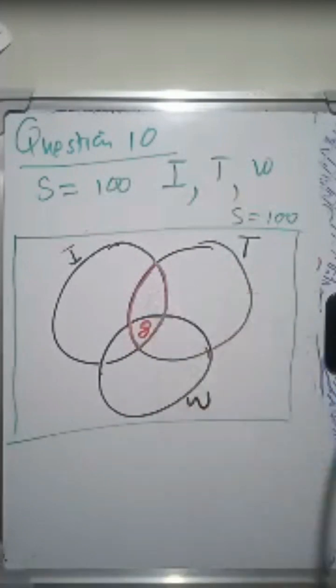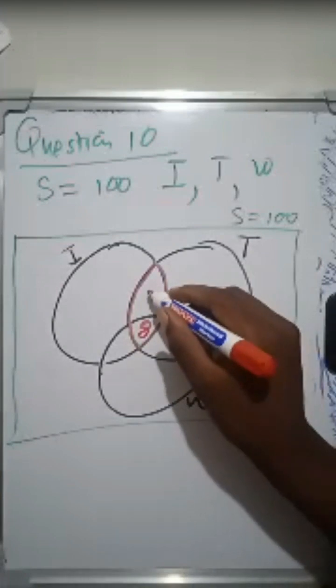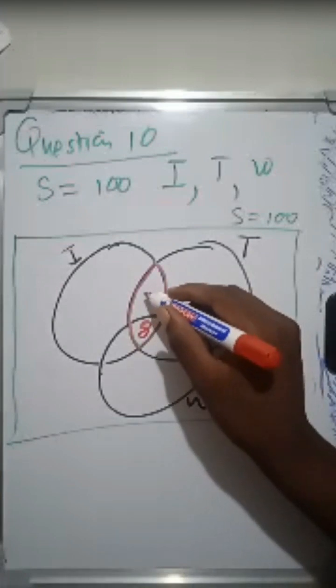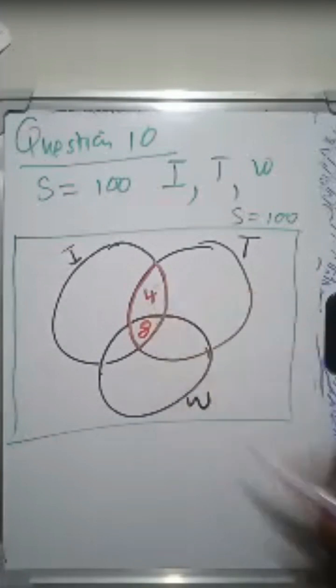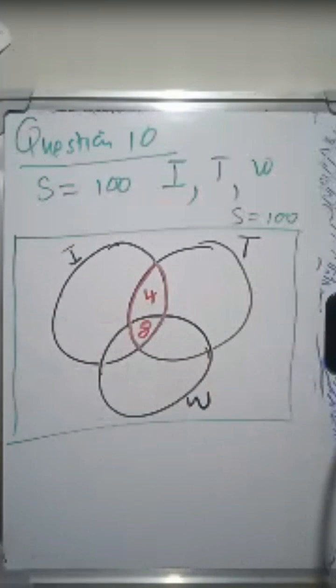So how many use Instagram and Twitter only? Or how many use Instagram and Twitter but not WhatsApp? There are how many? I heard somebody say. You were correct. 4. Such that 4 plus 8 gives us what? 12.